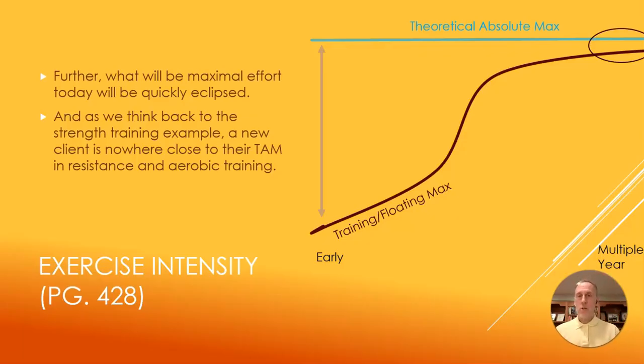So if you look at this, your clients will have great potential here when we talk about theoretical absolute max, and I gave a couple different exercise scenarios, and it holds true here in the exercise realm of cardiovascular. When they first start out and they get on an exercise bike, they just won't have the ability nor the tolerance to be able to get to their theoretical absolute max, to really push and get as many watts out of that bike or work at a high intensity.